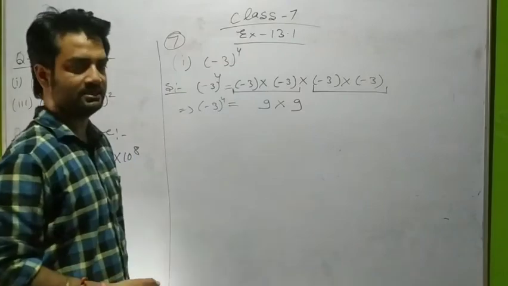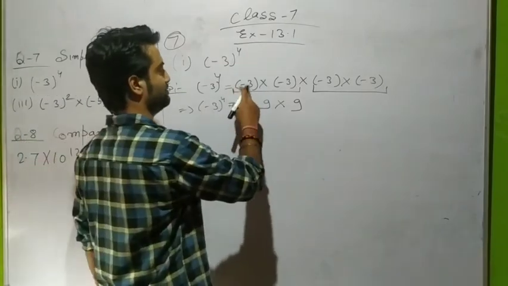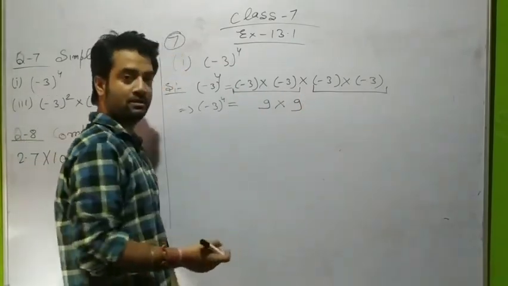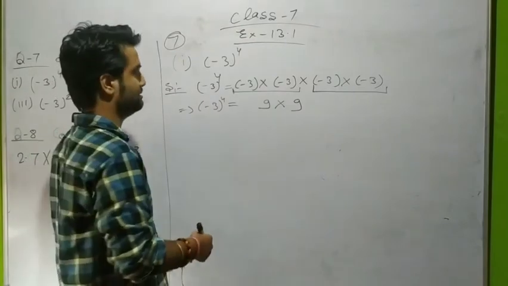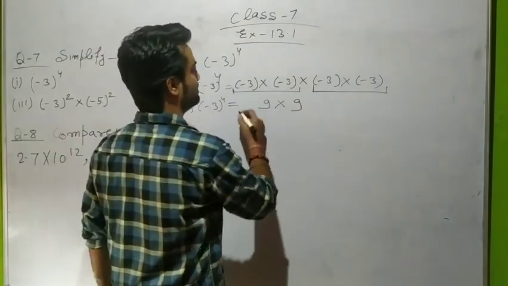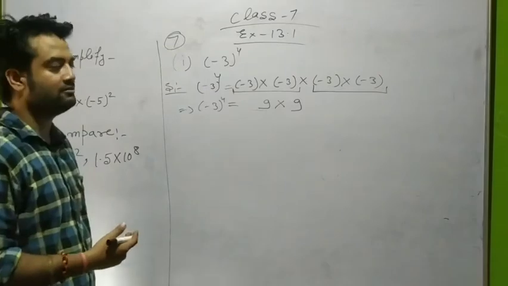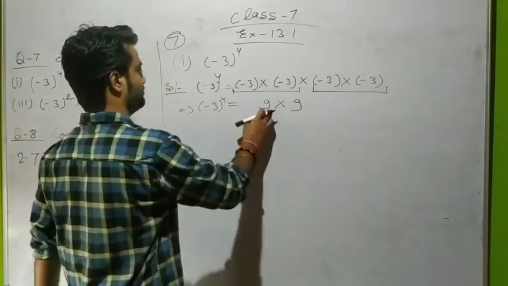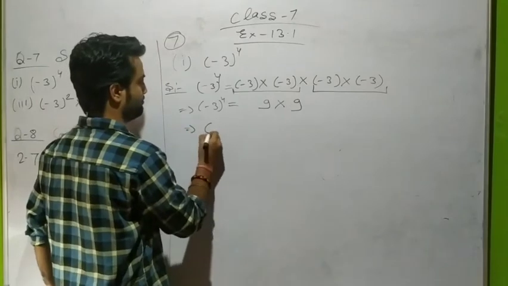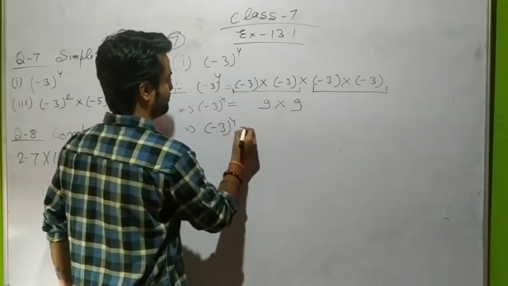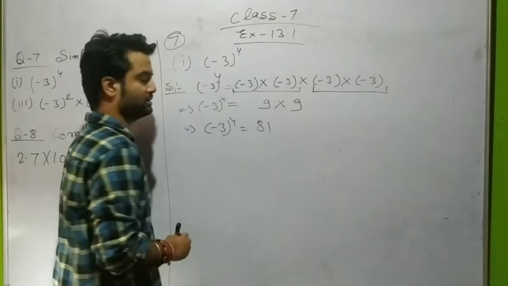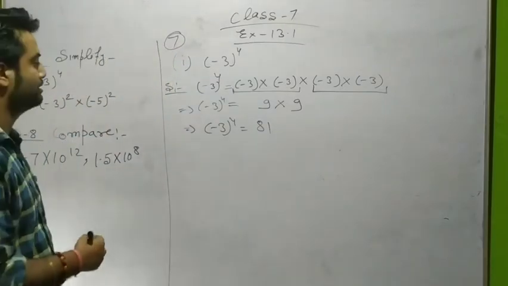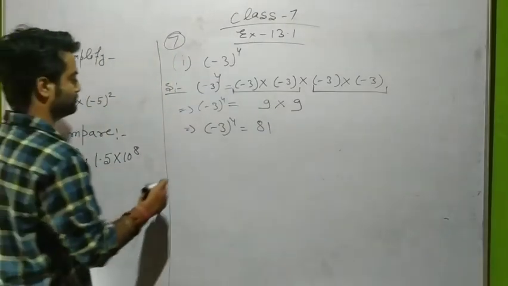So as you can see, in the first step there were 4 negative numbers, but after multiplying, in the second step there is no negative number left, because negative multiplied even times makes it positive. So clearly minus 3 raised to the power 4 is 81. Let's move to the third question.